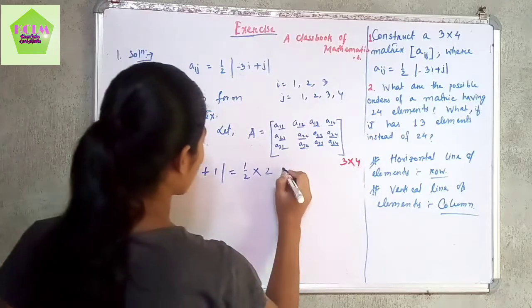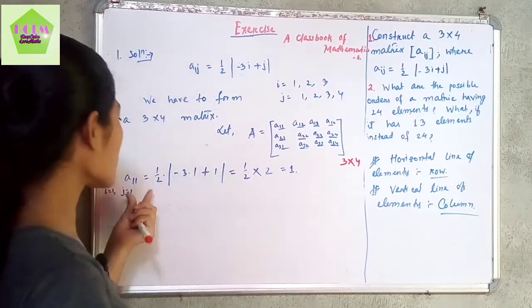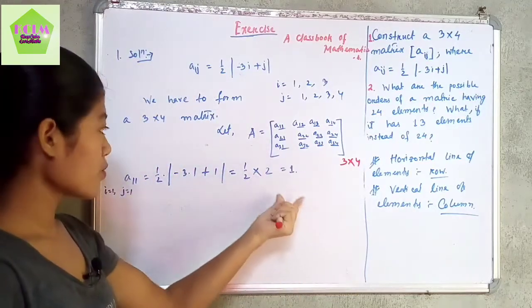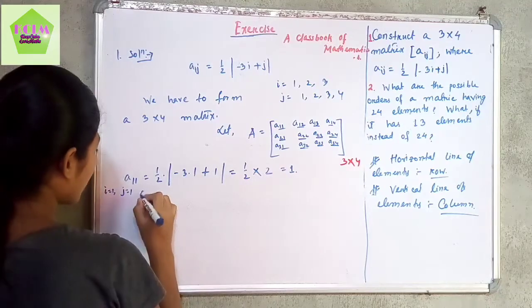Half into plus 2 means plus 1, so the first value of this matrix will be 1.